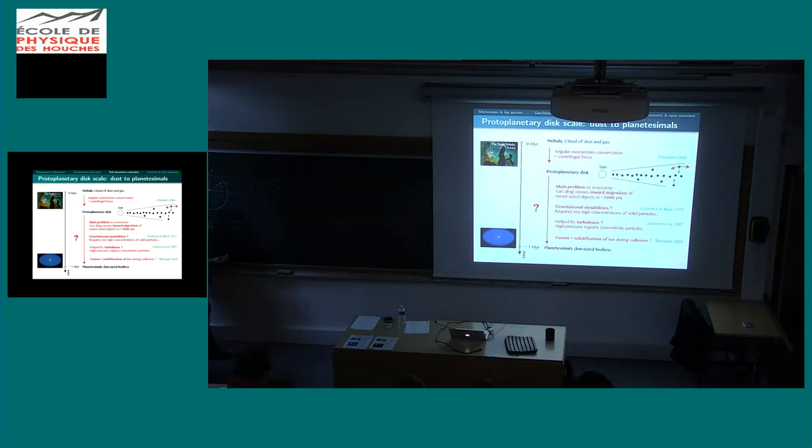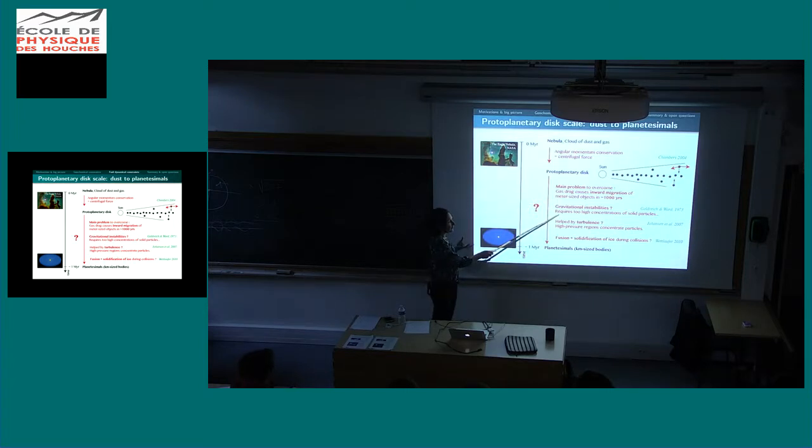So there is an instability just due to that. Over time, you will form clumps of material. That's what we call the gravitational instability. So can those instabilities be enough? The answer is, not really, because for them to be fast enough, we need very high concentrations of particles that are not very realistic.